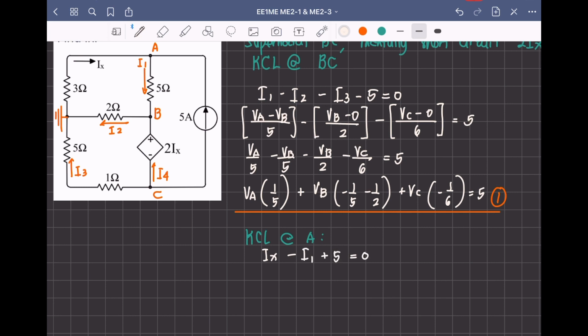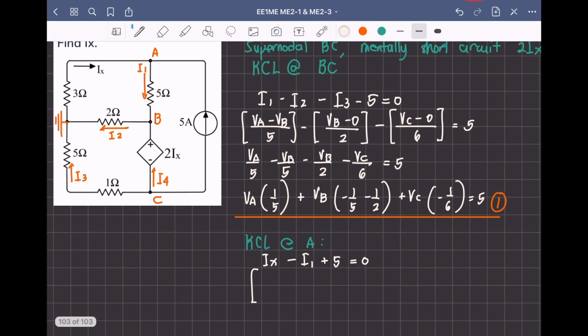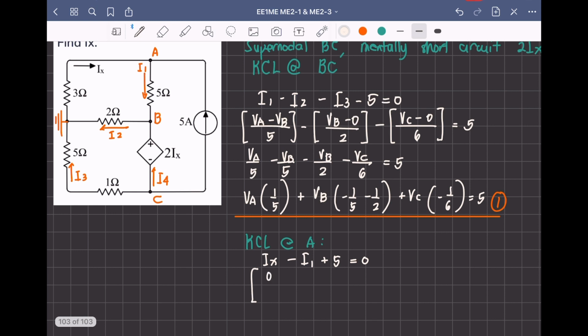Equate that to 0. And then, substitute expressions ng Ohm's law, no? So, for IX, galing yan sa ground papunta sa node A. So, that's 0 minus VA all over 3 ohms. Minus, for I sub 1, that's A to B. So, you have there VA minus VB all over 5 ohms.